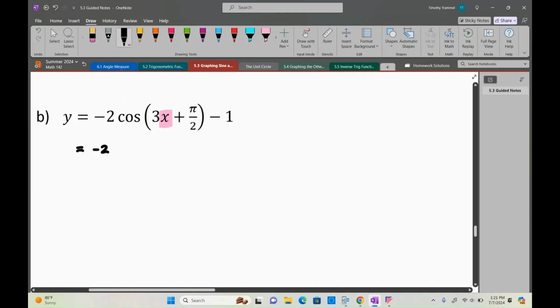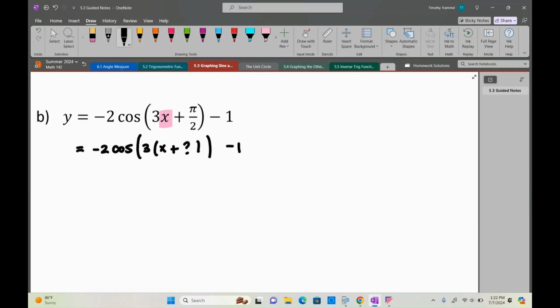We get a minus 2 cosine. And so I'll pull out that 3. And then that leaves us with x plus some question mark here, which we'll figure out in a moment, and then minus 1. So there's more than one way to do this.